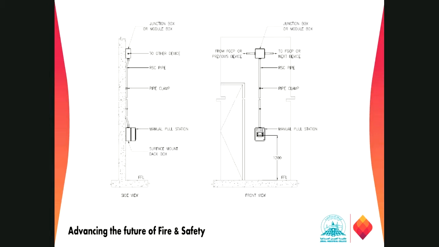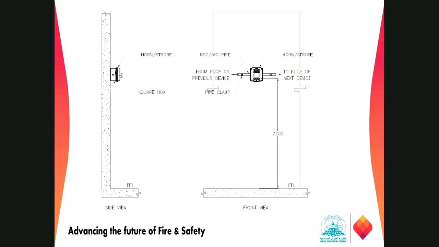How they are mounted, what is the wiring requirement, all those we have to look at, how they are going to install your system. And then we have the location for the horn strobe, the alarm connection and all, how they are going to provide this information on the drawings.